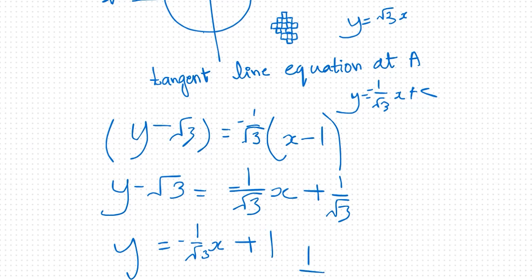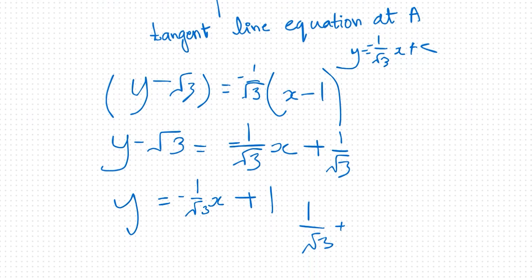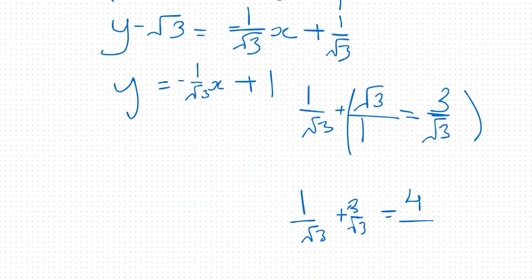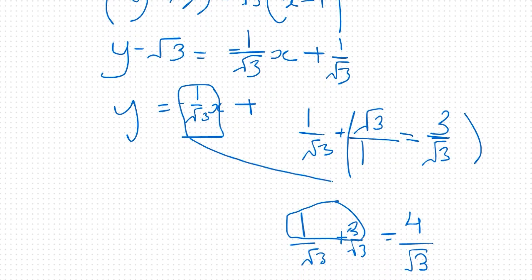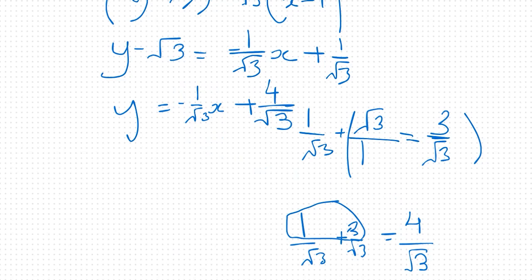Because 1 over root 3 plus root 3, over the common denominator, is 4 over root 3. Root 3 only, not 2 root 3. Any doubt? No. Okay. So that is the answer: minus 1 by root 3 into x plus 4 by root 3. How much is the y-intercept? 4 over root 3.